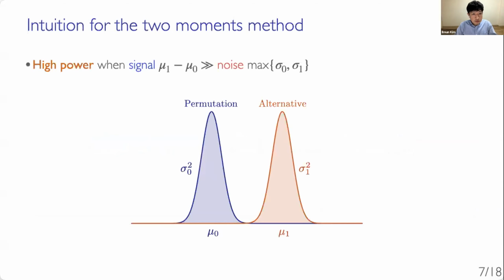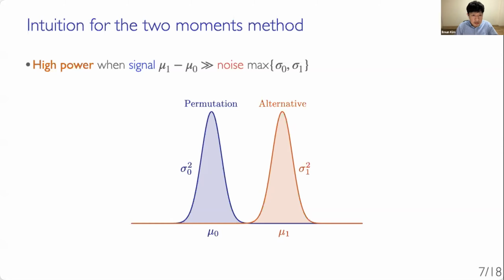So before jumping into technical details, let me provide a pictorial intuition for the proposed method. At a high level, the power of the permutation test is determined by a distance between the permutation distribution and the alternative distribution of a given test statistic.